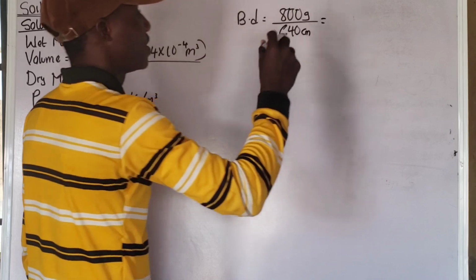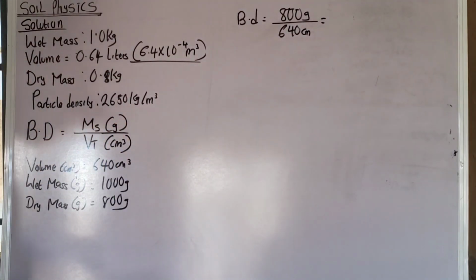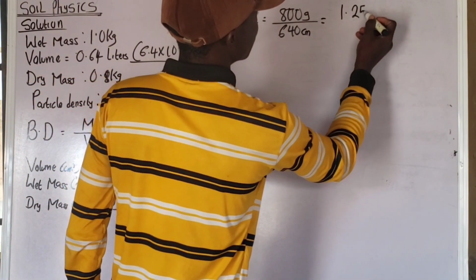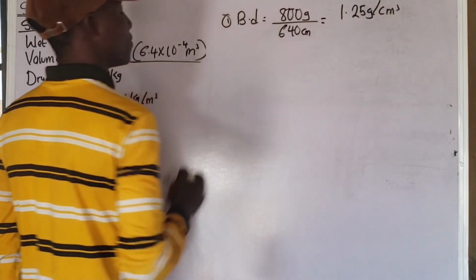Here I'm going to have 800 gram divided by 640 centimeter cube. That will give us 1.25 gram per centimeter cube. Okay, that is the first question.